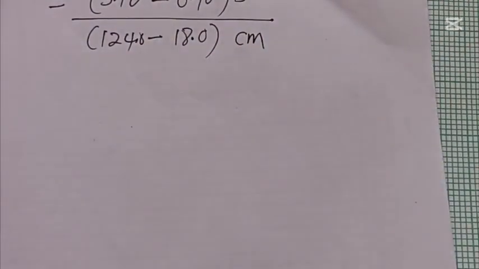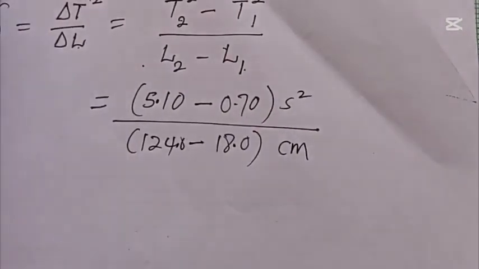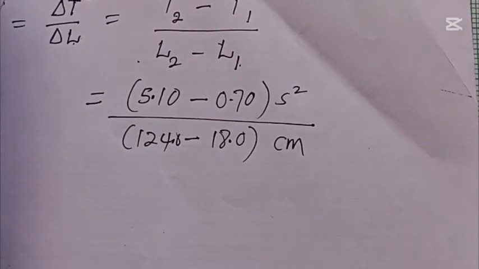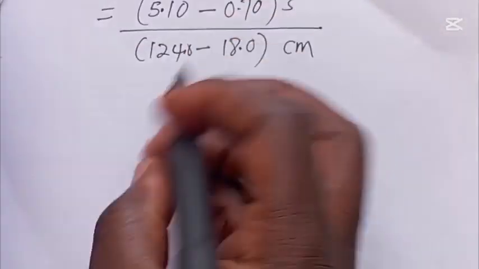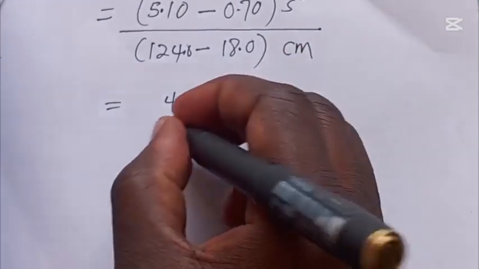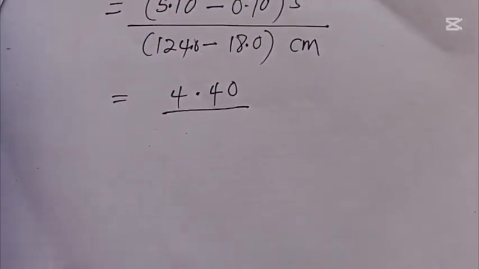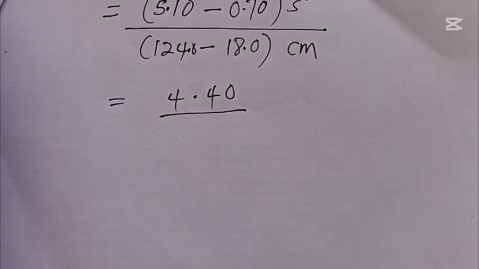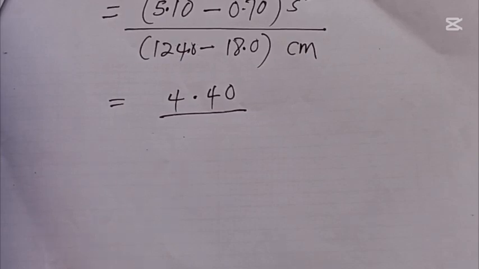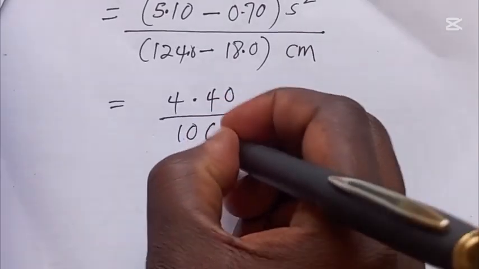So let's bring our calculator and see. We'll press 5.10 minus 0.70, and this will be 4.4. So on the numerator we have 4.40. In the denominator we have 124 minus 18, and this will be 106.